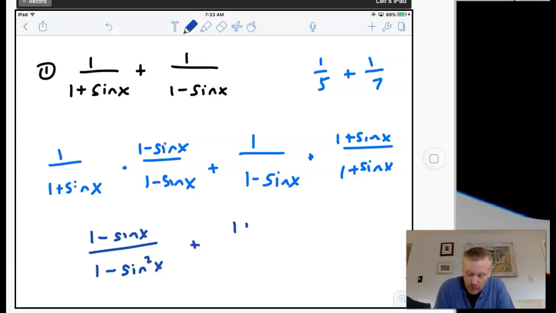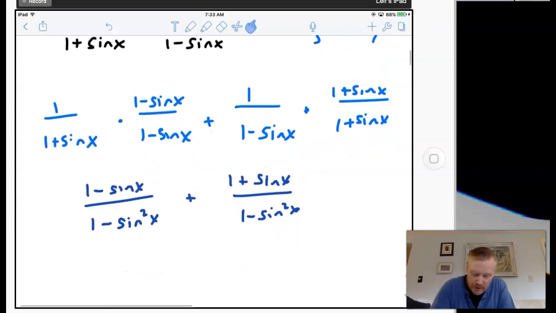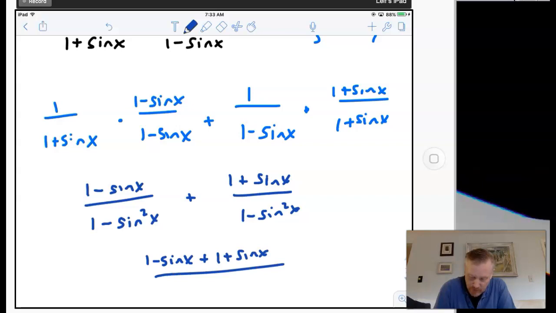This one I get 1 plus sine of x over the same denominator, which is my whole point. So now I can add the numerators together and keep the denominators. So I got 1 minus sine x plus 1 plus sine x all over 1 minus sine squared x, okay?